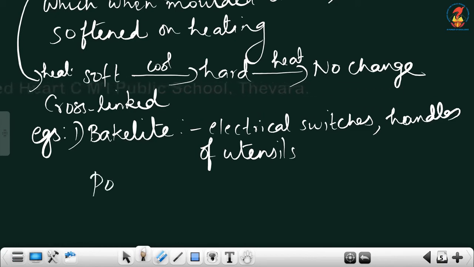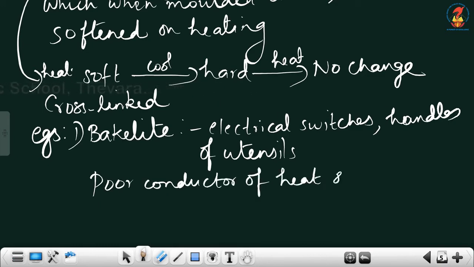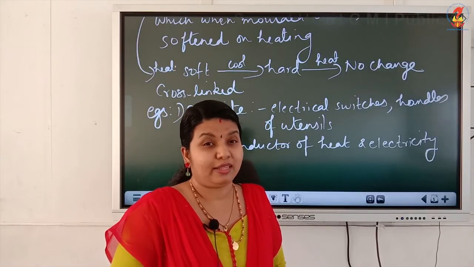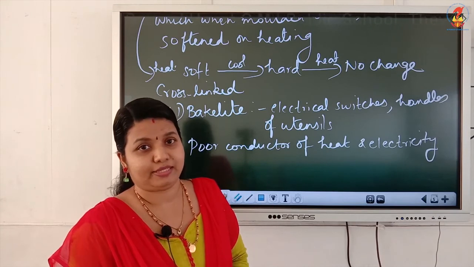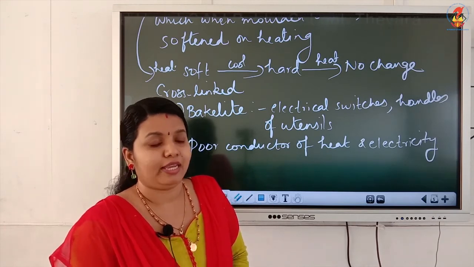Here it is a poor conductor of heat and electricity. Bakelite is a poor conductor of heat and electricity. It is used for making electrical switches and also handles of various utensils, especially screwdrivers. That's an important question. Why the screwdriver handles are made up of thermosetting plastics? Because it is a poor conductor of electricity.